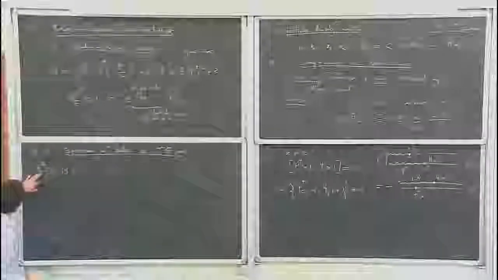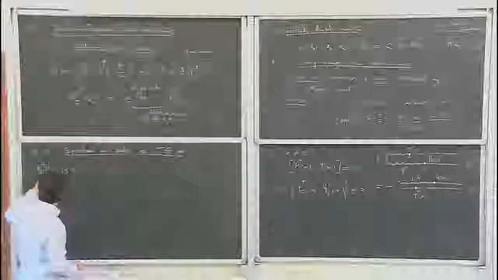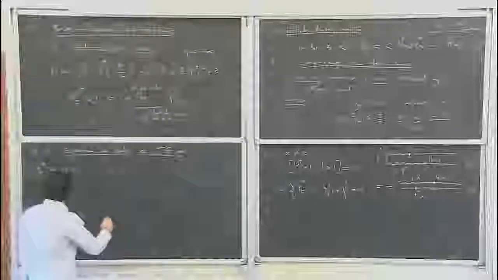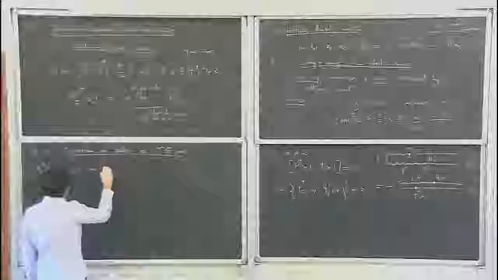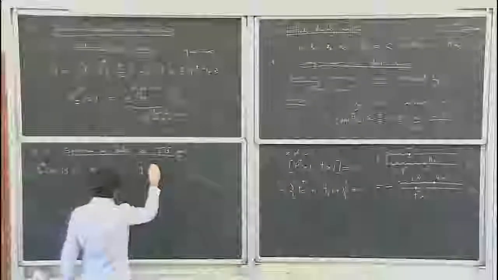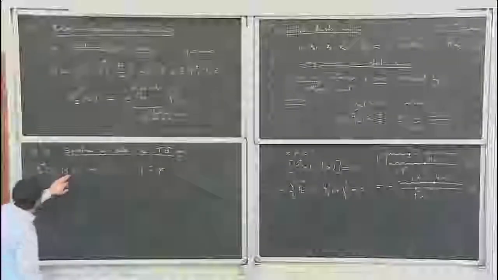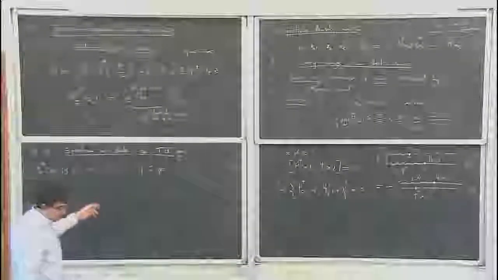If I try to create a fermion that has momentum q, and the momentum q is smaller than the Fermi momentum, then this doesn't work because it's a fermionic state that is already filled.